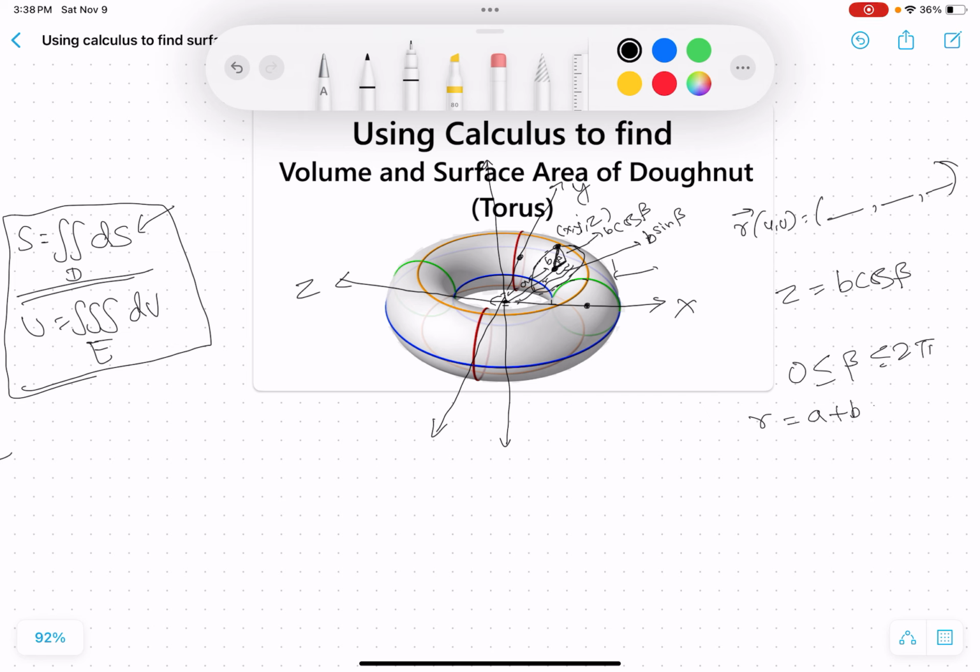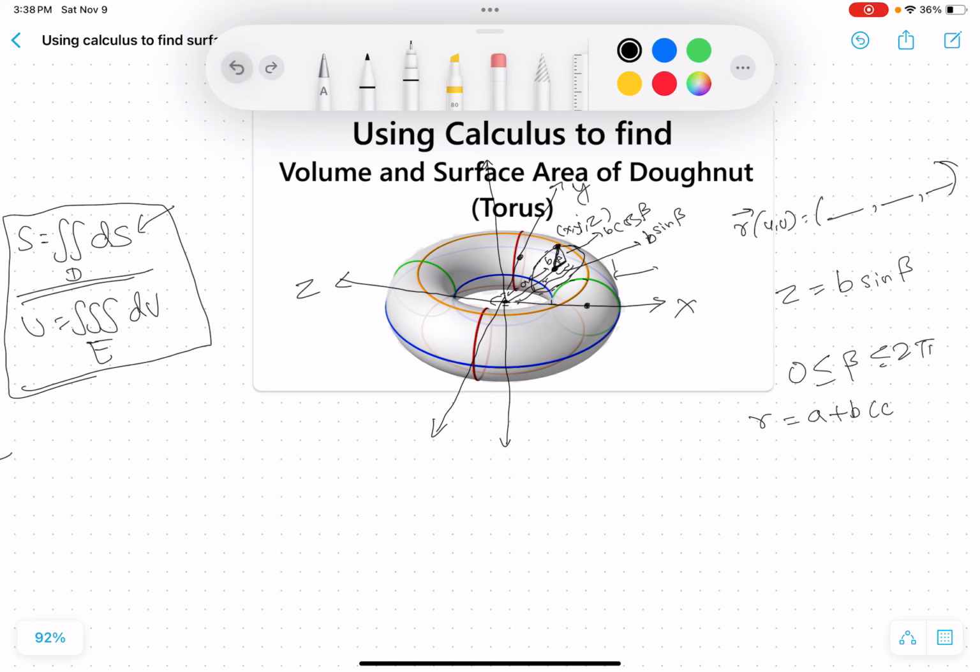Oh wait, this height is actually b sine beta, I'm sorry. Now this length will be a plus b cos beta, right? a plus b cos beta.